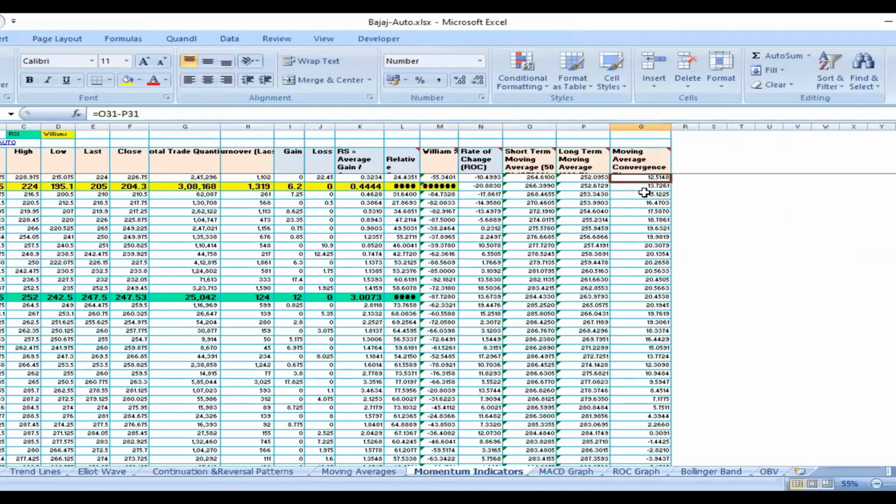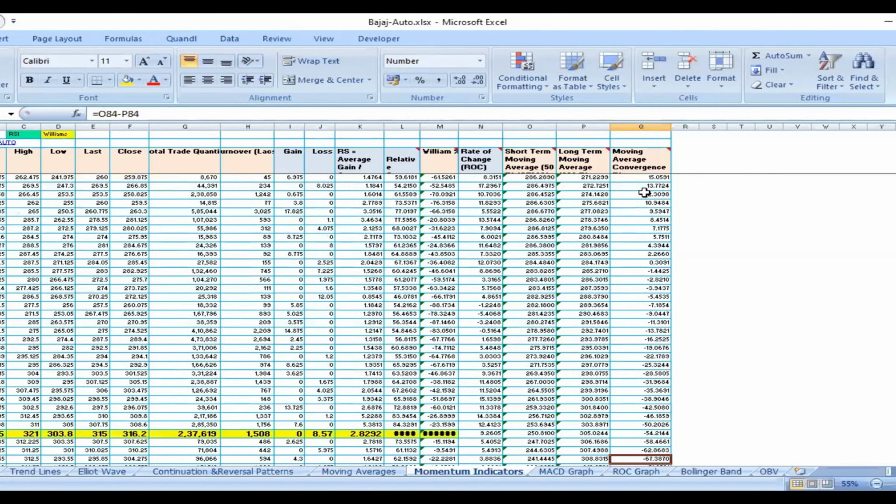In the near term, if this is positive, it means the 12-day moving average is bigger, that means it is on an upward trend. So you can use 0 as an indicator to enter, remain in it till it is positive, and exit when it gets back to 0 again. And that can be used.